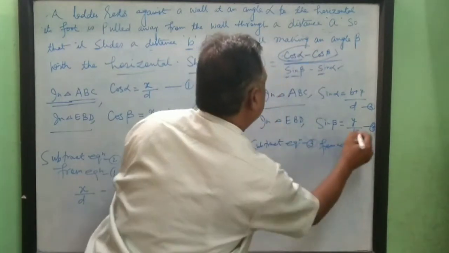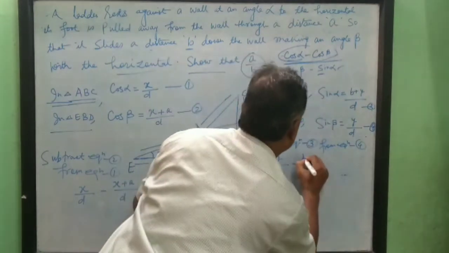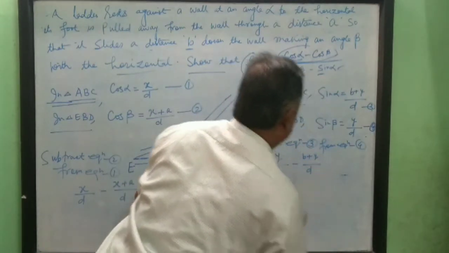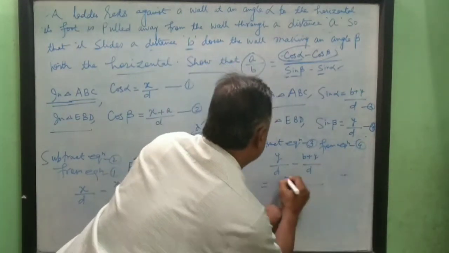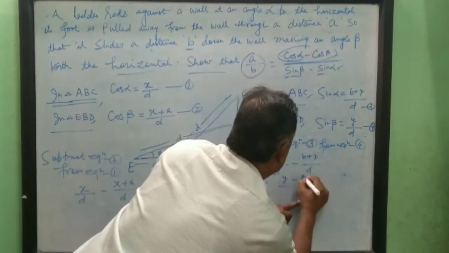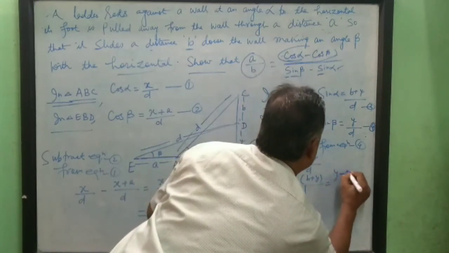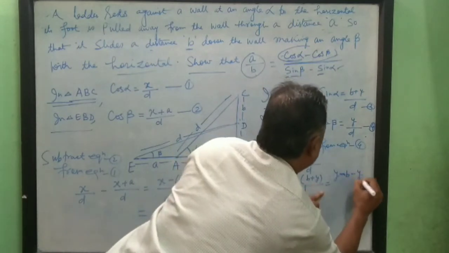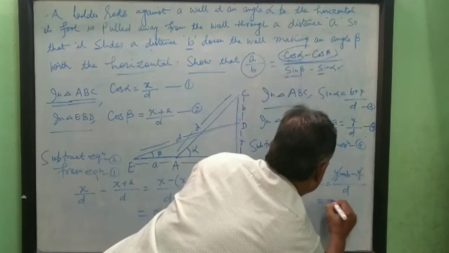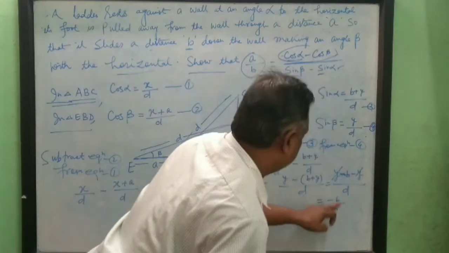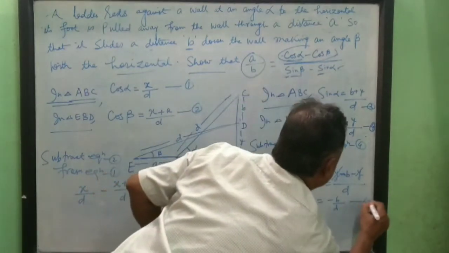This is equation 4. So y by d minus b plus y by d, take LCM, this will be d and this divided by d 1, so y, and this will remain. So finally y minus b minus y by d, y and minus y cancel, so minus b by d, and let this is equation 5 and this is equation 6.